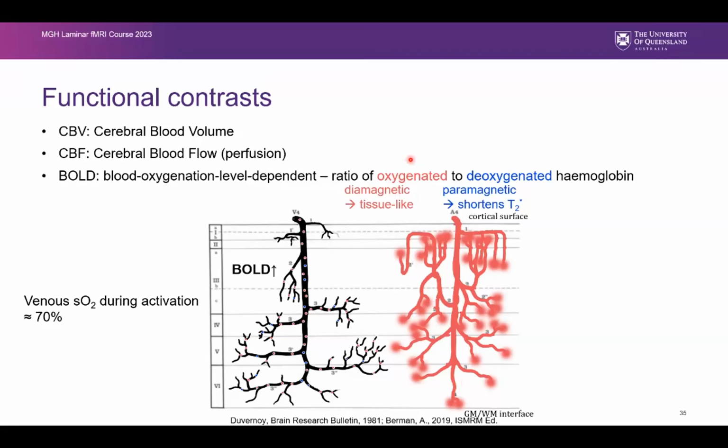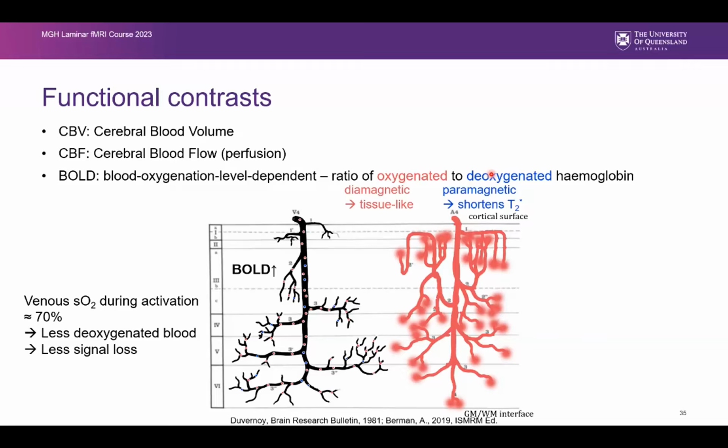And during activation, we basically have less deoxygenated blood because it flows faster. And that means we have less signal loss. That's why we saw a positive signal in the curve in the beginning. So these are the three functional contrasts we can exploit in our experiments.